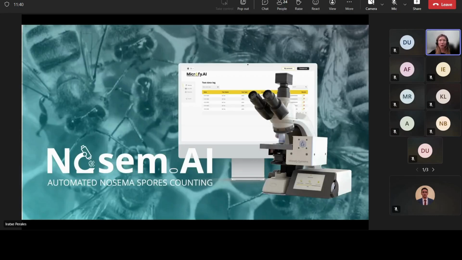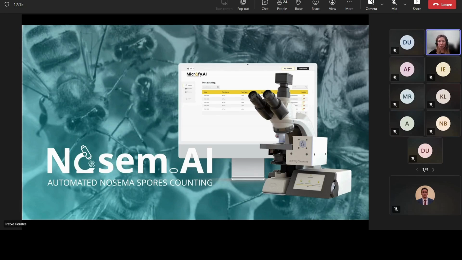So when we started to sell the device to different cooperatives, associations and universities working in the honey sector, we talked to them and asked for other applications that we could develop for them, also with the same microscope. And talking with the Spanish ministry, with the Veterinarian Center of Algete, which is the national reference lab in Madrid, they explained to us about the Nosema counting that they do manually.